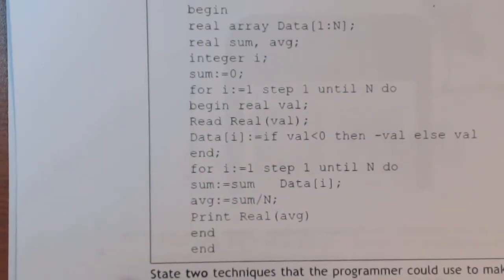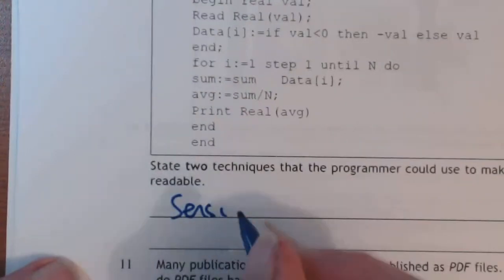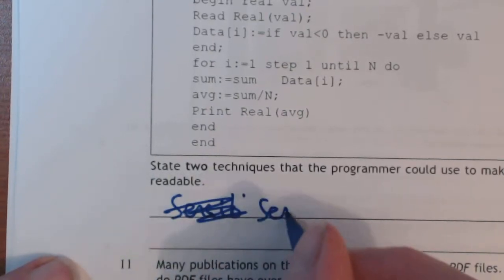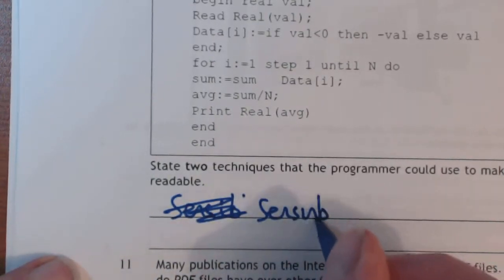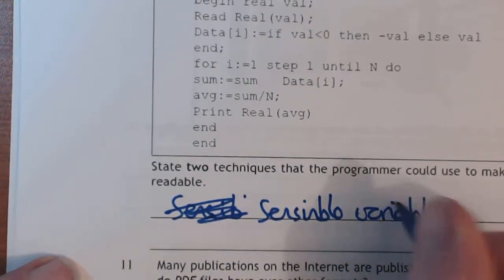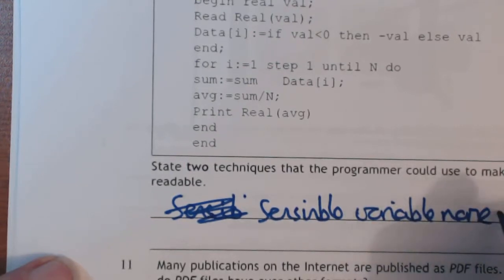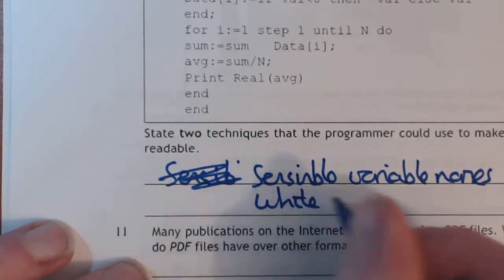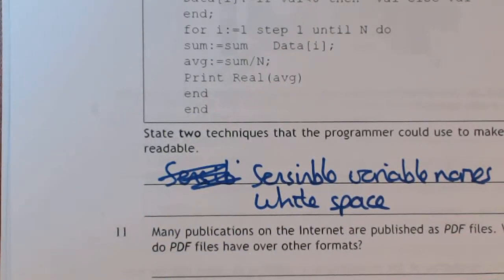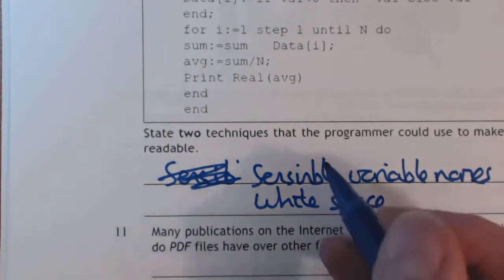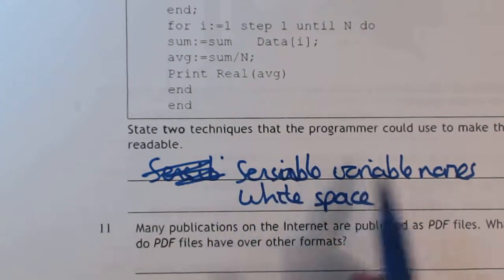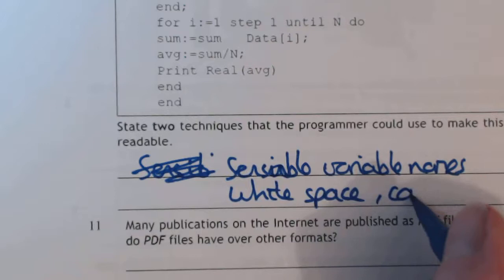So we could say sensible variable names, white space, you could say comments, so there's 3.